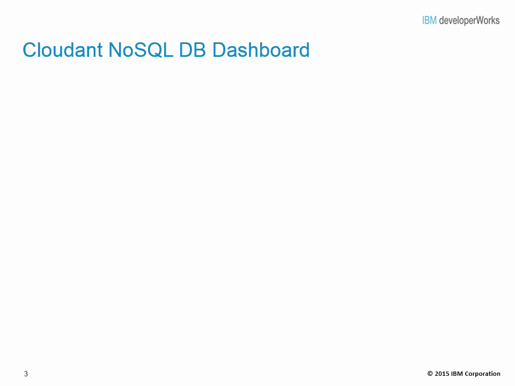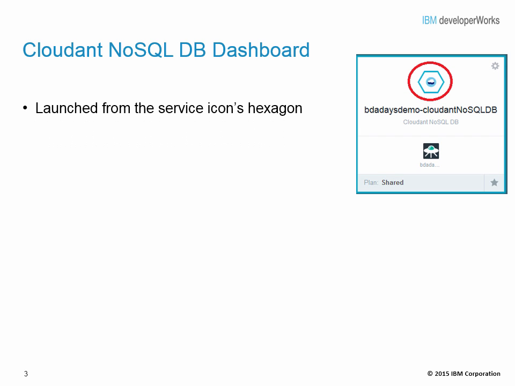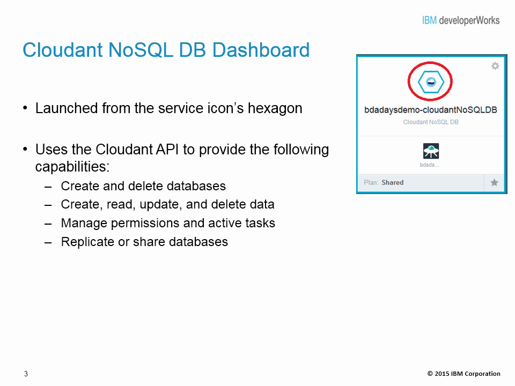The tool available for Cloudant is a dashboard written as a web app that's launched via the service icon's hexagon within Bluemix. So after creating an instance of this service, you can click on its corresponding icon to launch the dashboard. The Cloudant dashboard is built on top of the Cloudant API and pretty much gives you all the capabilities available in the Cloudant API in a GUI environment.